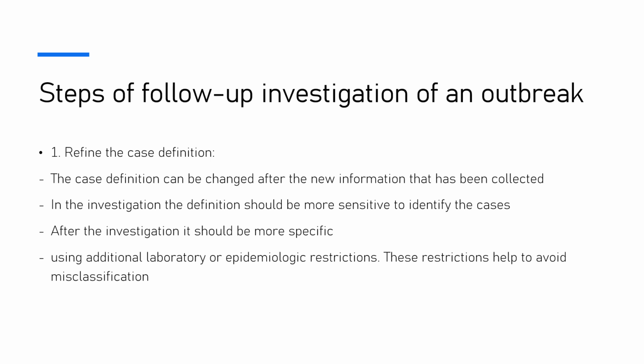We have a lot of data right now and more accurate details about the definition, so it should be refined so we can identify the cases, and after the investigation it should be more specific. What will help us is using additional laboratory and epidemiological restrictions. These restrictions help to avoid misclassification.